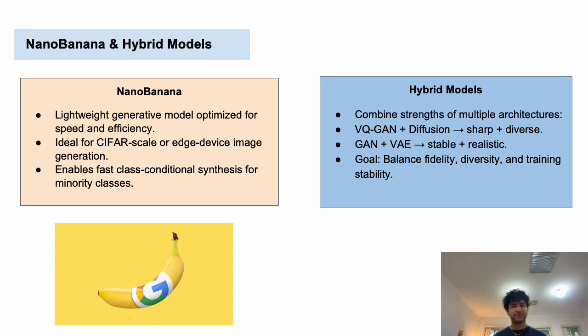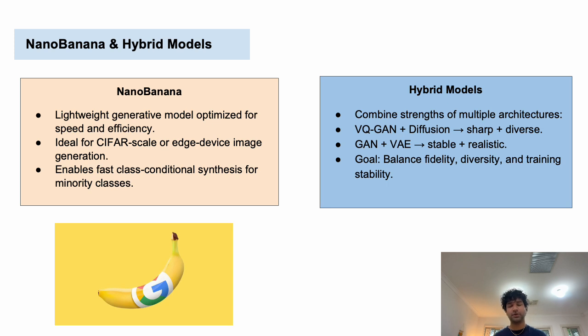Coming to the final slide of this, we've got something that's very new. This is one of Google's newest models. It's called the Nano Banana model. It's a lightweight generative model which is optimized for speed and efficiency. This model would also be looked at because the Nano Banana model is known for producing the best quality of images.